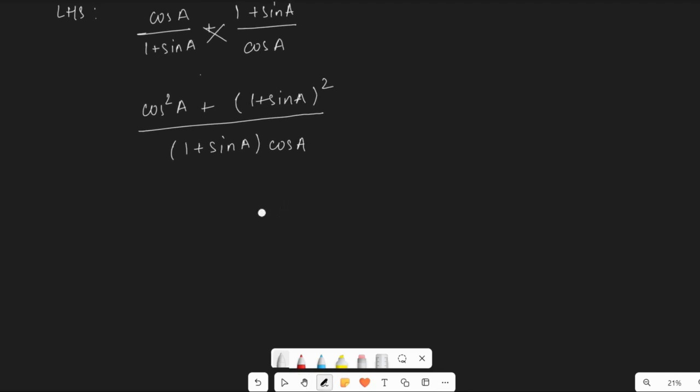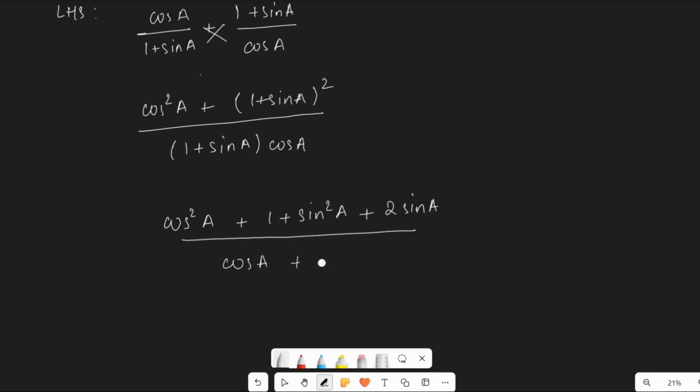This can be further written as cos square A plus 1 plus sin square A plus 2 sin A by cos A plus sin A cos A. So cos square A plus sin square A becomes 1, as we know the identity that sin square A plus cos square A is equal to 1.